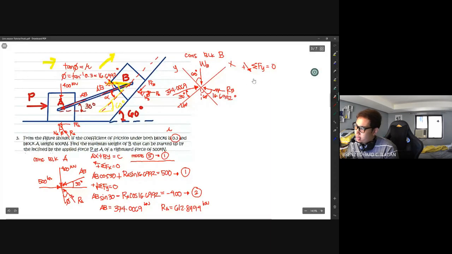So, ayun nga, WB, that will be cosine 60. Nakita kung bakit cosine. And then, minus, since yung y component ni RB is papunta doon, so kumontra siya. So, minus RB, cosine din, di ba? Cosine of 16.6992.